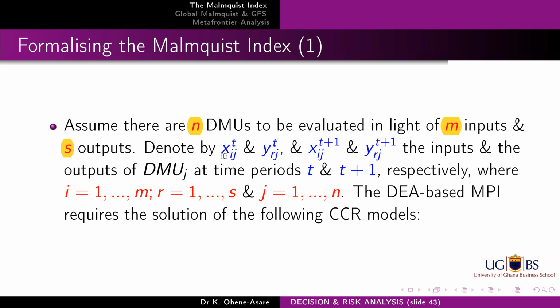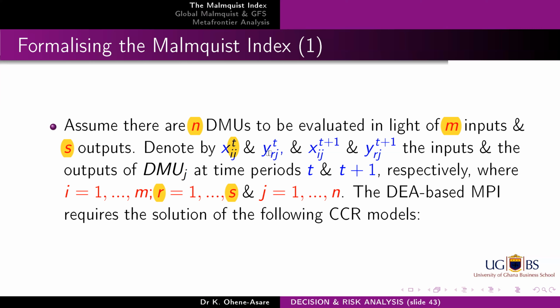We denote the x_ij^t and y_rj^t, and then their t+1 counterparts, the inputs and the outputs of the DMU j at time periods t and t+1, respectively, where i here. So watch it. i is a particular input. The total number of inputs is m, and one of them is i. And the total number of outputs is s, and one of them is r.